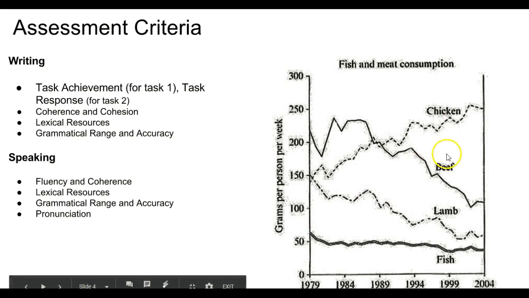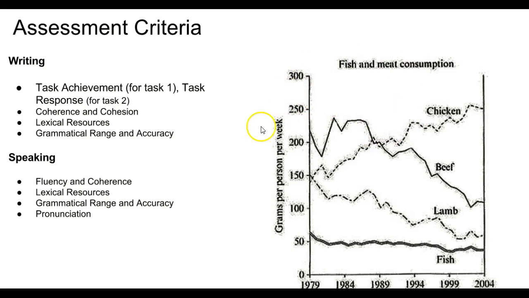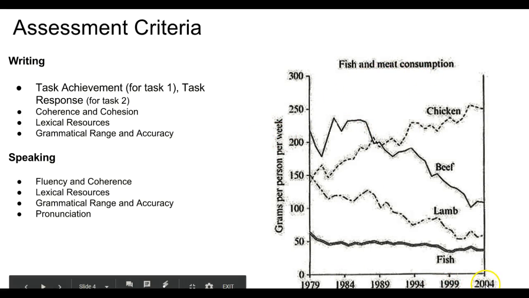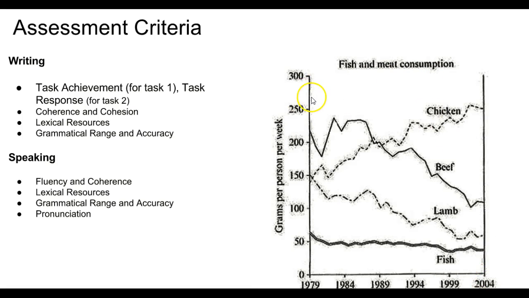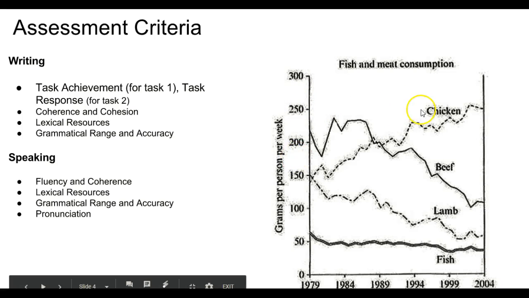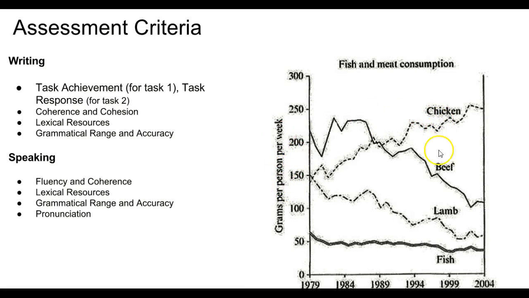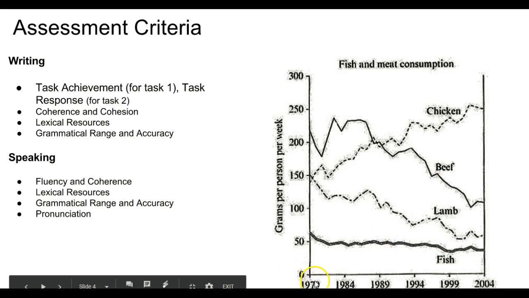You talked about all the main trends, and you, of course, in the introduction summarized the chart, and you reported that for this example, fish and meat consumption between 1979 and 2004, you reported in the introduction that the consumption rates for chicken and beef were higher than lamb and fish over the 25-year period from 1979 to 2004.